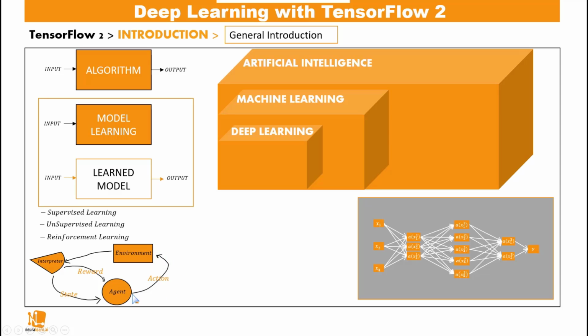And so at the end, we have this agent which is learning how to take the best actions since it's been rewarded by the interpreter. A simple application of this could be in the chess game. So our environment is a chess board, and then we are trying to train this agent to make the best moves based on the current state of the environment, and also using the reward system from the interpreter.